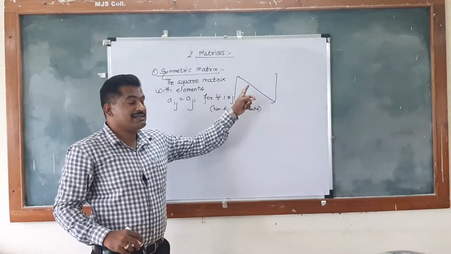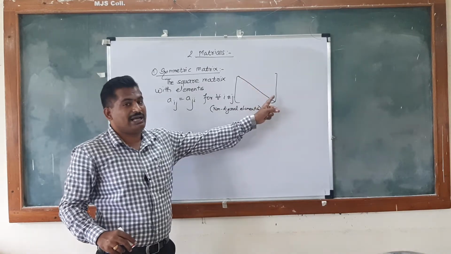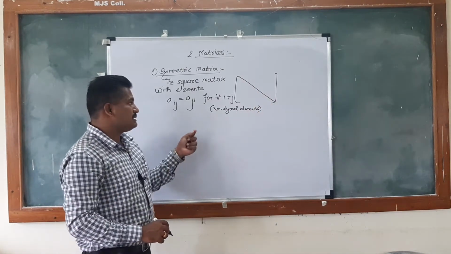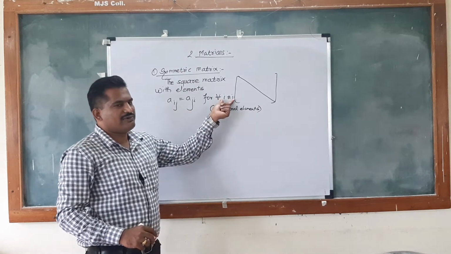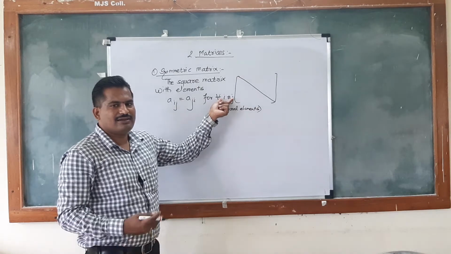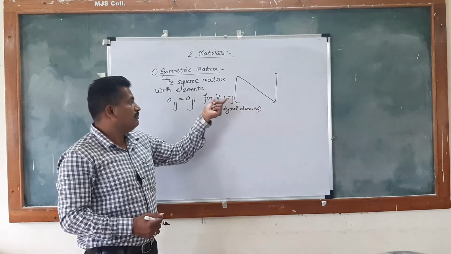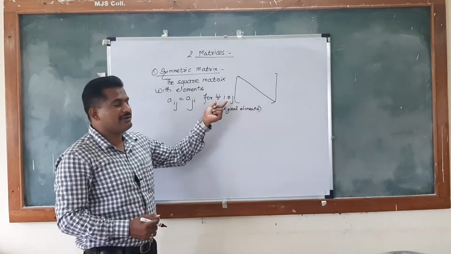We cut the matrix along the diagonal. That means there is no restriction on diagonal elements. We have to focus on non-diagonal elements with i is not equal to j. When i is equal to j, the elements are diagonal elements. But when i is not equal to j, the elements are non-diagonal elements.